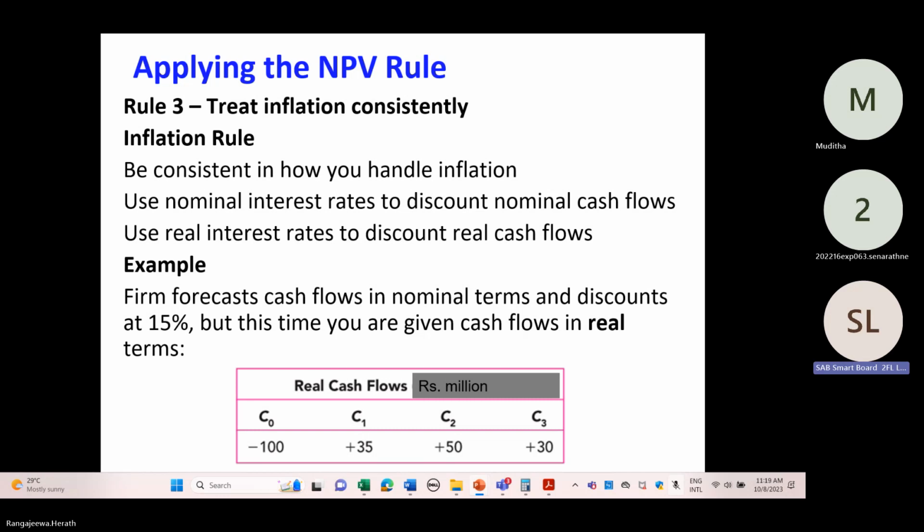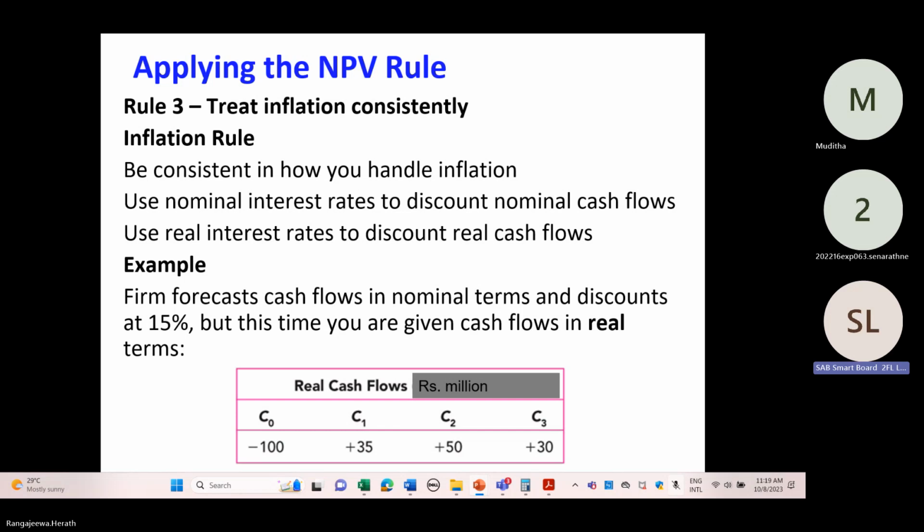Sometimes the cash flow is given inflation adjusted, and then the discounting factor should also be the real rate. Example, the firm forecasts cash flows in nominal terms and discounts at 15%.